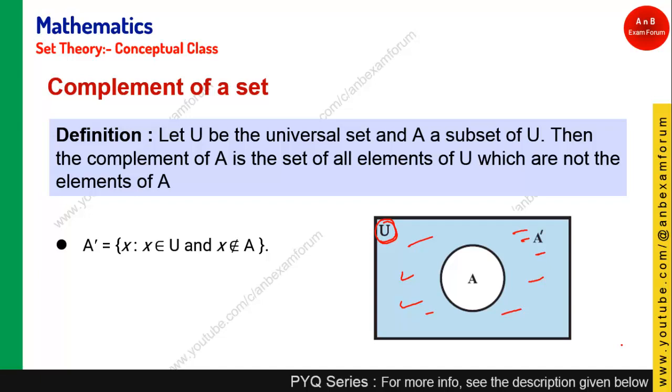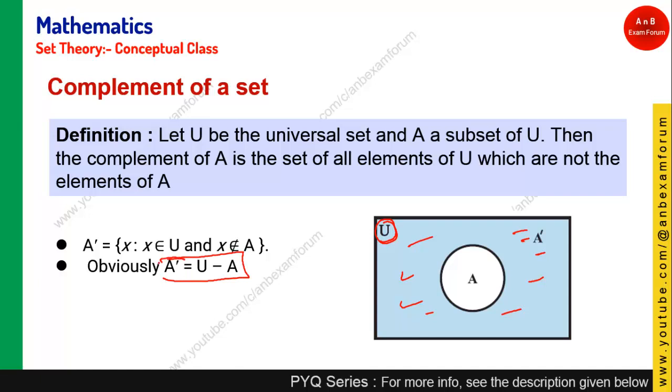A complement means x belongs to the universal set but x does not belong to this particular set. Obviously the complement of A will be U minus A, the elements which are present in U but not in A. So this is again one property of the complement of a set.